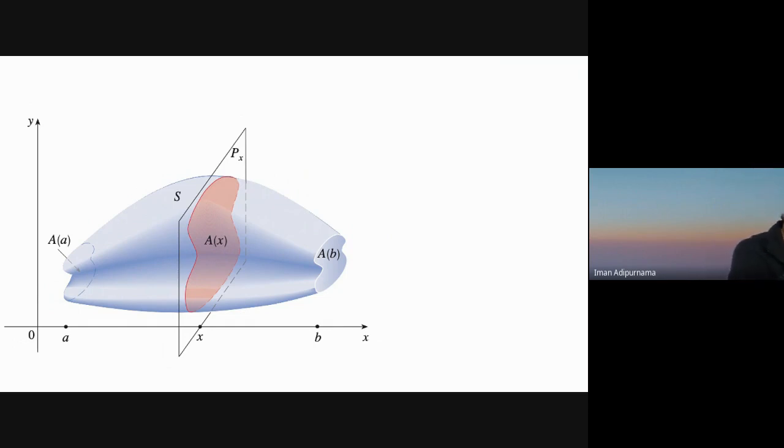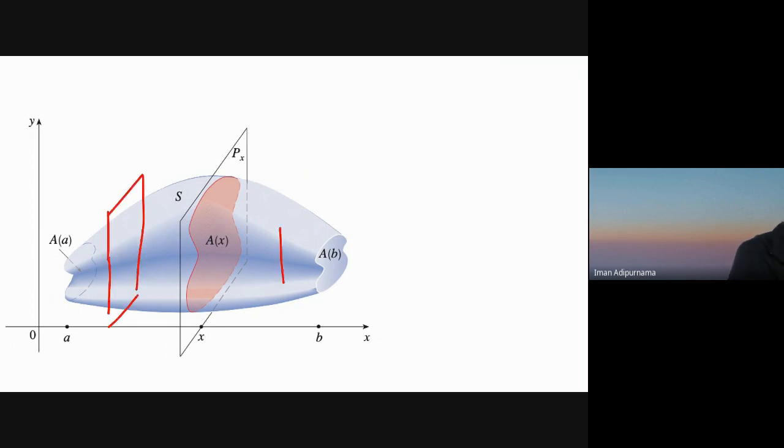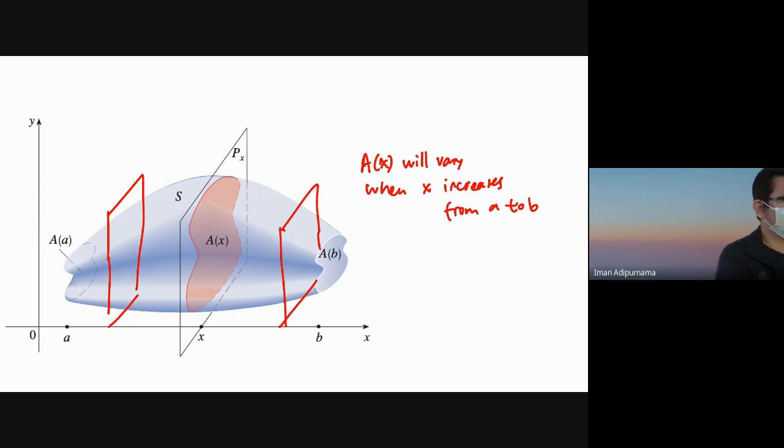And if we cut at different sides, from here we cut, from here we cut, we'll have a different area, right? As x increases from A to B, the cross-section area A(x) will also vary.